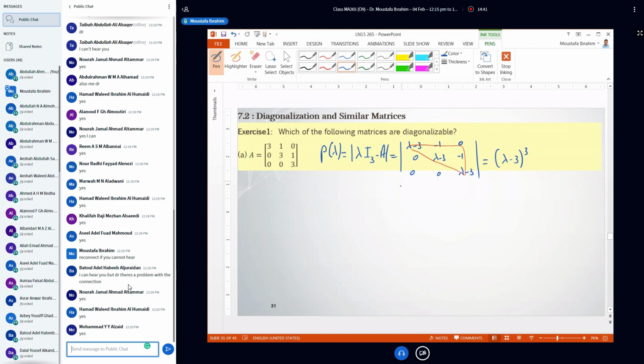Yes, Taiba. So now let's check the eigenvalues. We take p(lambda) equals 0, meaning (lambda minus 3) cubed equals 0, so we get only one eigenvalue, lambda equals 3. Unique eigenvalue.